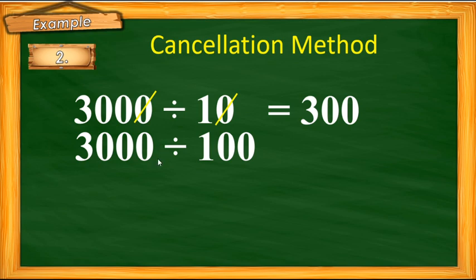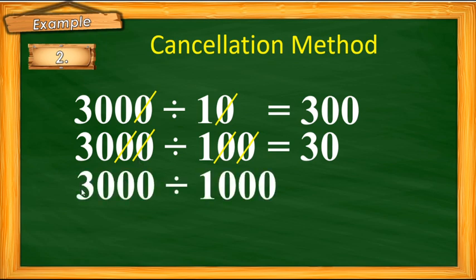Another one. How many 0 now in our divisor? 2. So we need to cancel 2 0 in the dividend. So our quotient now is 30.